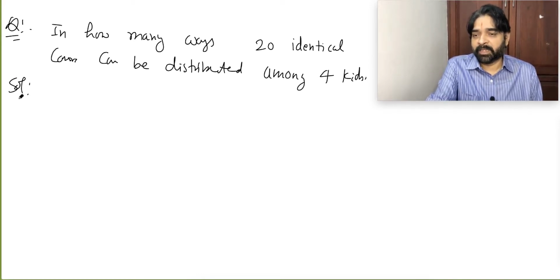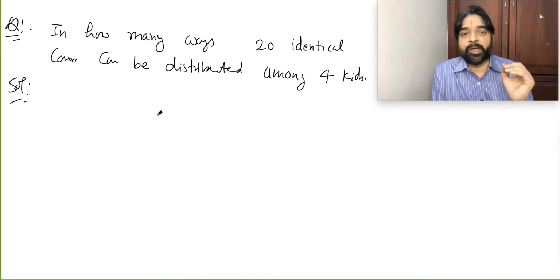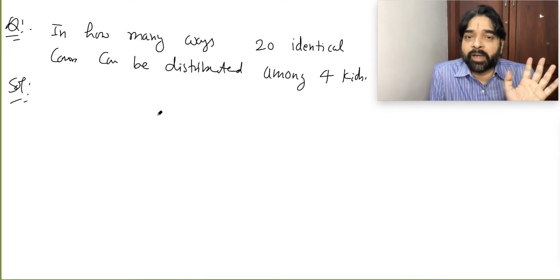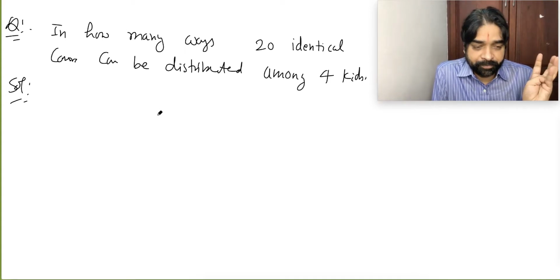Only this much is mentioned. See, they did not mention whether empty group is allowed or not. So it means empty group will be allowed. Among 4 kids we are distributing, so whatever way we want, we can distribute it. Answer.